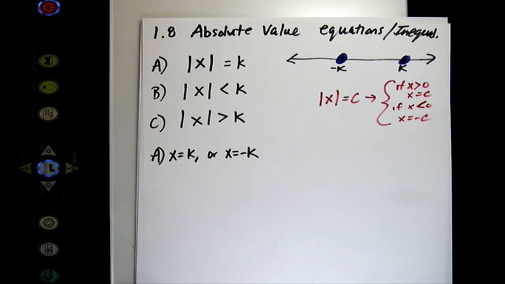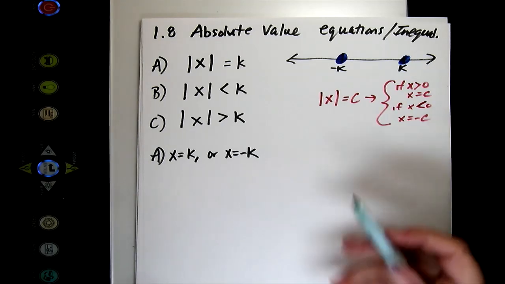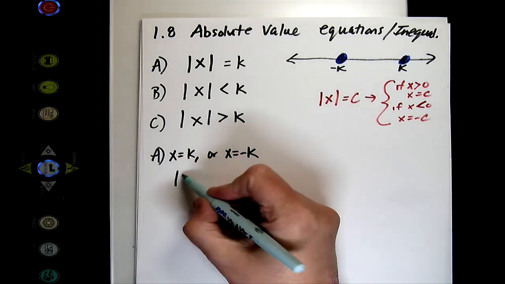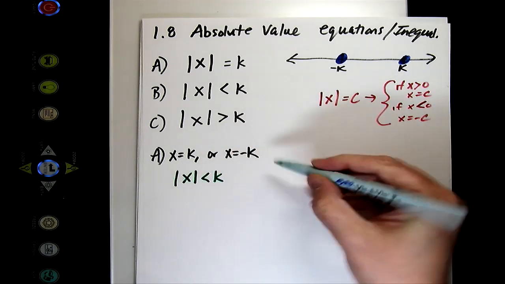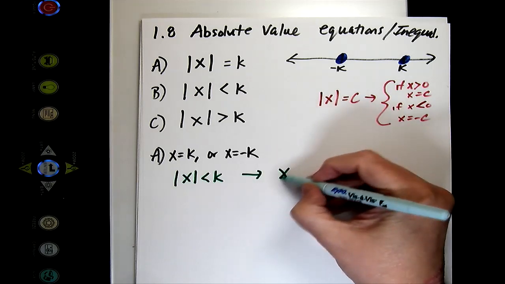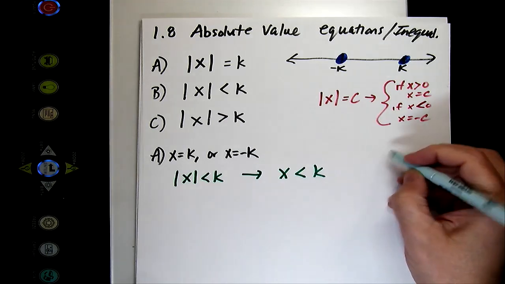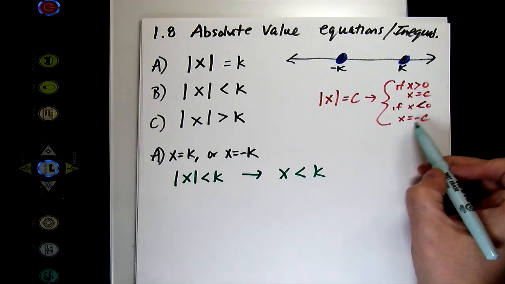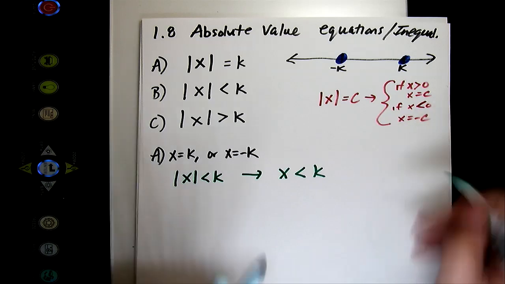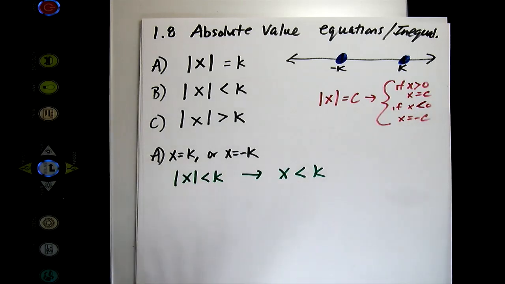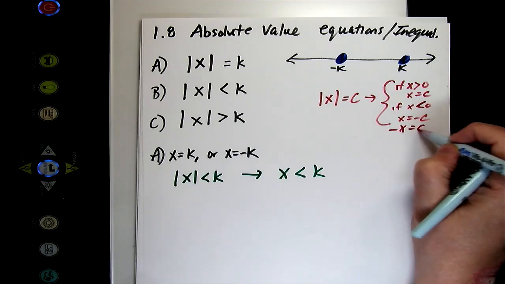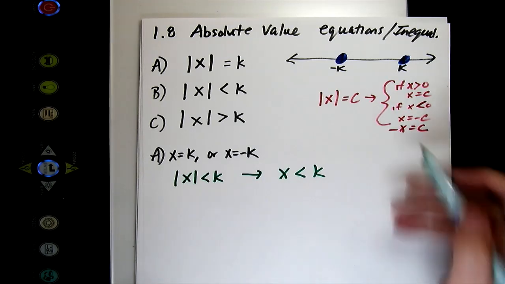Because those will still give me c when I plug them in. How does that affect part b in part c? I have the absolute value of x is less than k. This says x is less than k. And then we have the opposite sign. I could write this as negative x equals c. So that's what I'm going to do here.